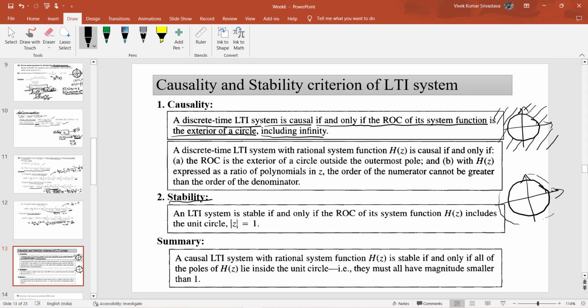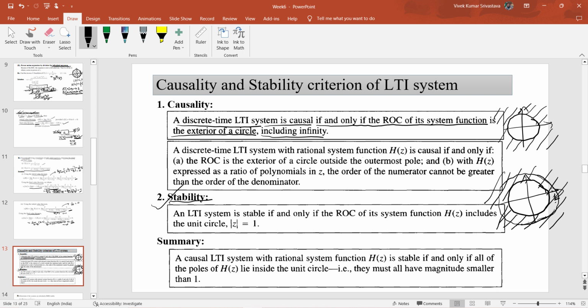So suppose this is my unit circle, and the ROC is like this. It means that it is containing this unit circle. If the ROC contains the unit circle, then the system will be stable. Otherwise, it will not be stable anymore.